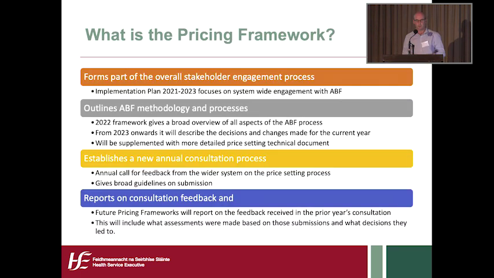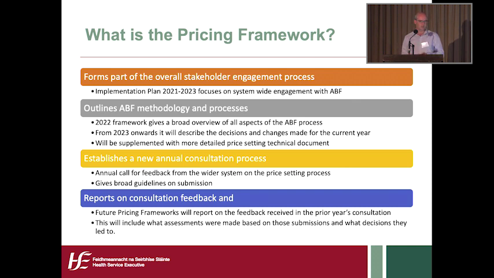So what is it? Well, it's part of the stakeholder engagement process, and it really outlines the methodology and process, so how we go about doing what we do in the HPO in relation to ABF. The 2022 framework is a fairly short document. It gives a broad overview of all the steps in the ABF process: costing, data collection, pricing, funding.